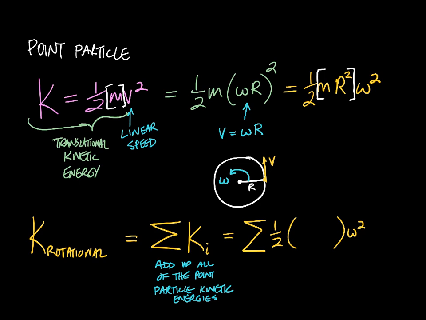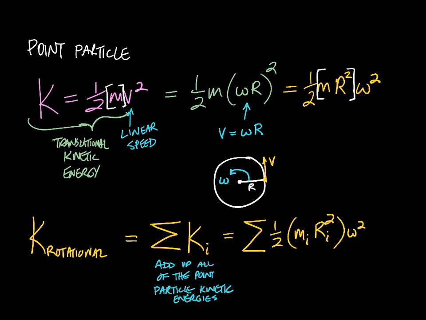But now, if I'm going to be counting every individual, or the ith, i equals 1, i equals 2, if I could put a label on every little point particle, 1, 2, to whatever, then I would have the mass of particle i and the radius of particle i squared.